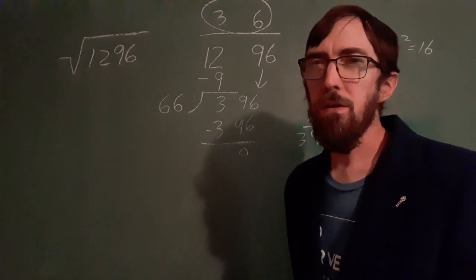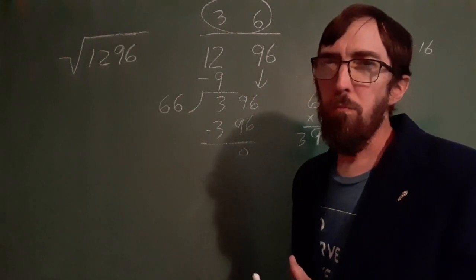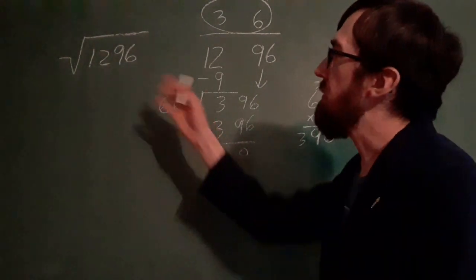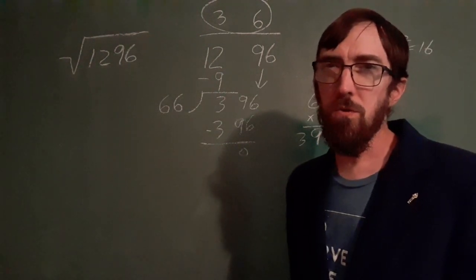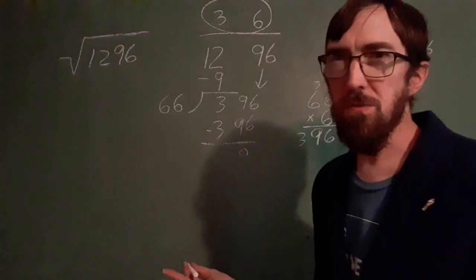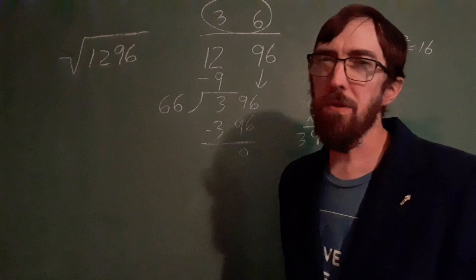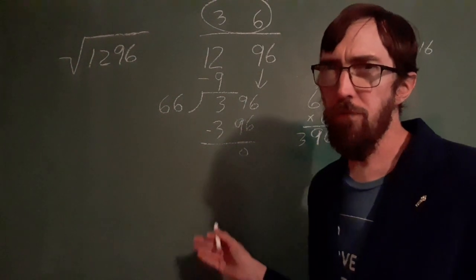What happens if you don't have a perfect square? Most of us are probably experienced enough to know that this is going to have some decimal expansion. So that's the next example that I'm going to look at. And with those decimal expansions, you typically have an irrational number, which means those decimal expansions will go on forever.